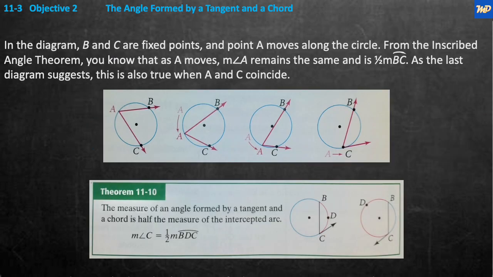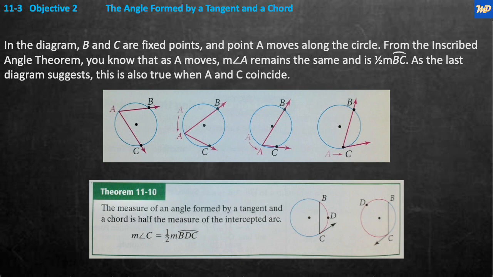Okay, objective 2, angles formed by a tangent and a chord. In the diagram, B and C are fixed points. Point A moves along the circle, so you could slide it around the circle as you go around, right? That's point A. From the Inscribed Angle Theorem, you know that as A moves, the measure of A remains the same and is 1/2 the measure of BC, right?